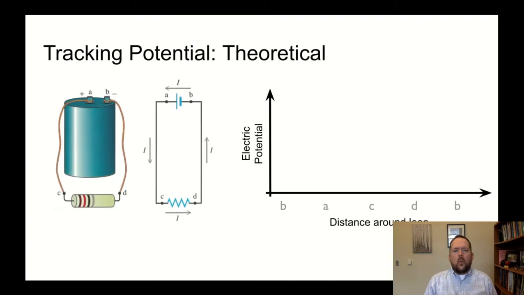So when we connect a circuit, and a fairly simple circuit is shown here in the drawing, we have a battery, so some large dry cell in this case. And those batteries are always going to have a positive terminal and a negative terminal. The positive terminal is at a higher value of electric potential. The negative terminal is at a lower value of electric potential.